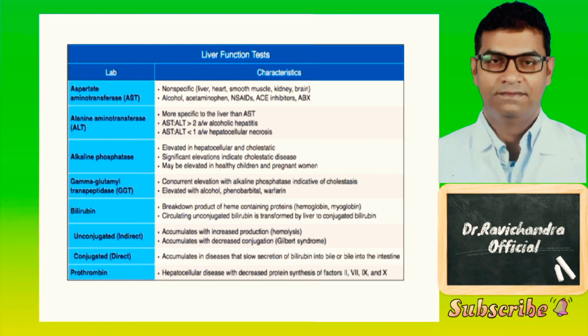Conjugated or direct bilirubin accumulates in diseases that slow secretion of the bilirubin into the bile or the bile into the intestine. Prothrombin time: hepatocellular disease with decreased protein synthesis of factors 2, 7, 9 and 10 will cause variation in prothrombin time.